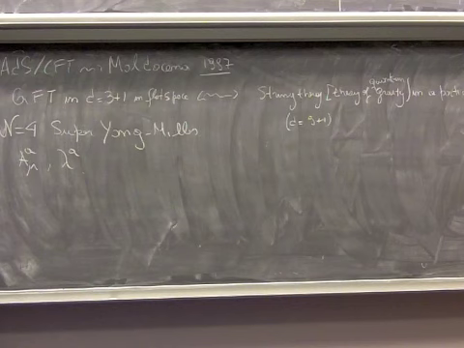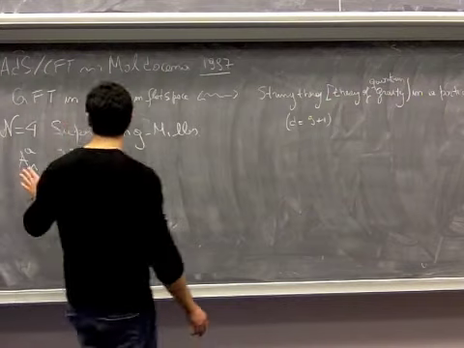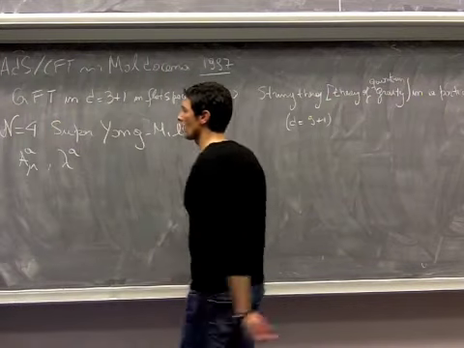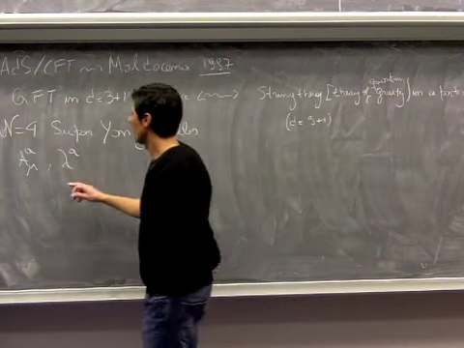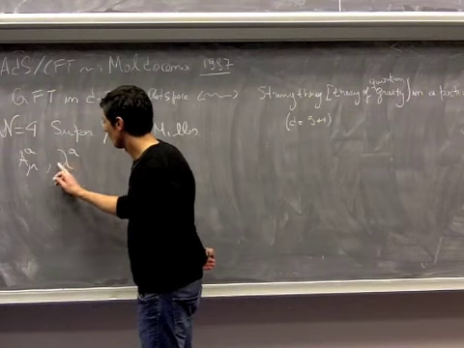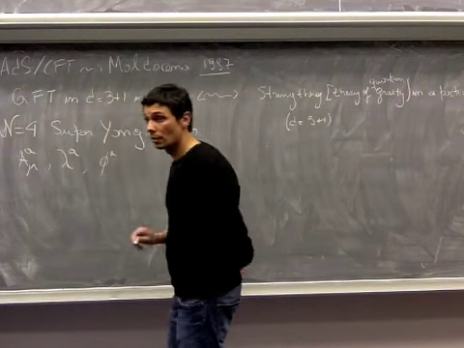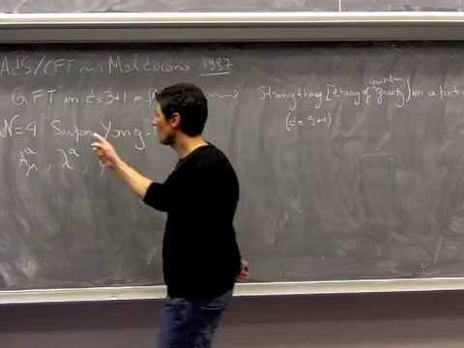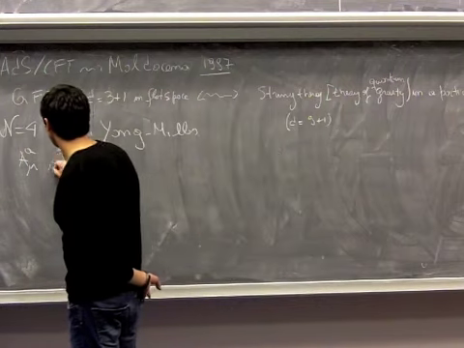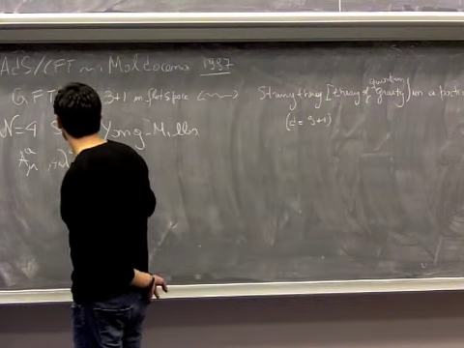Okay, that's with N equals 1. But when you increase the number of supersymmetries, I'm saying this for those of you who are not familiar with supersymmetry, the moment you increase the number of supersymmetries, not only will you have to increase the number of these fermions, but also you will have to add some scalars. Okay? So it happens in this particular example that you will have to have 4 of these fermions and 6 of these scalars.